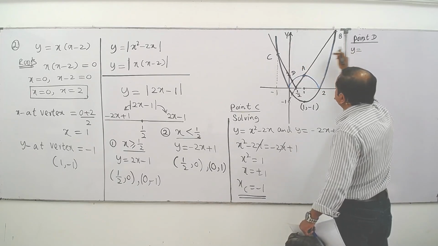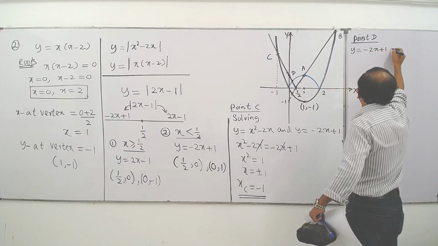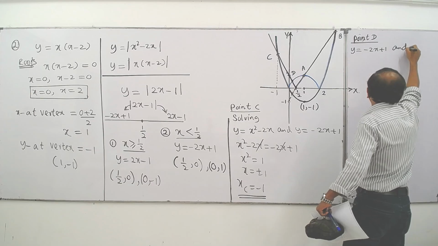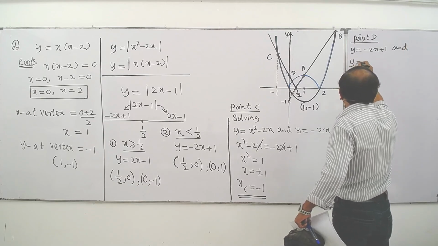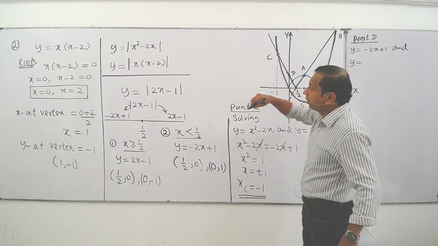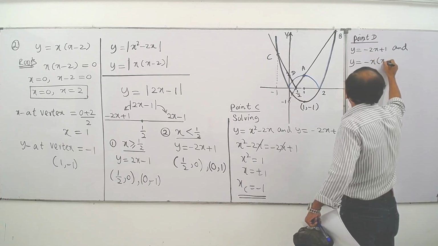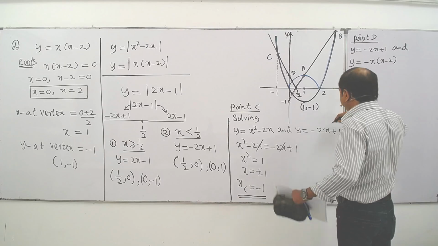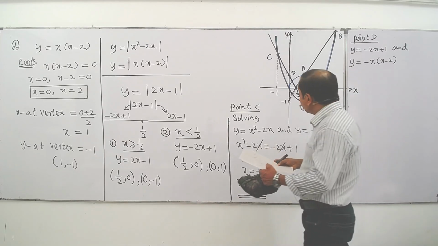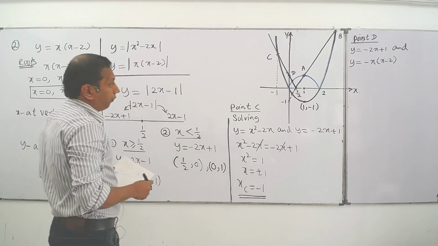y equals, this equation is minus 2x plus 1, no? Minus 2x plus 1 and what? y equals, here the blue one. The blue one has the equation minus x times x minus 2. Right. Then, when you solve this, we get it this way.